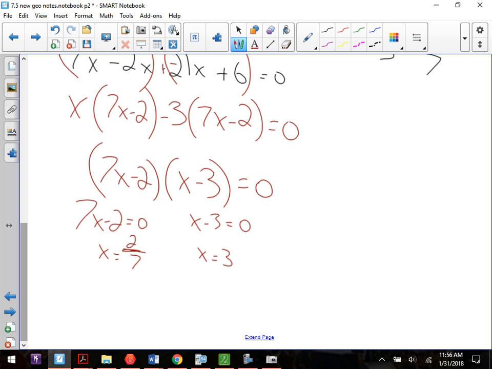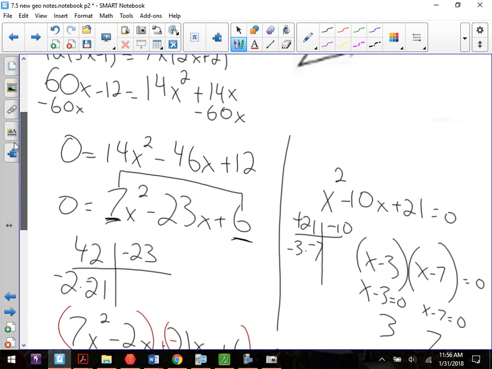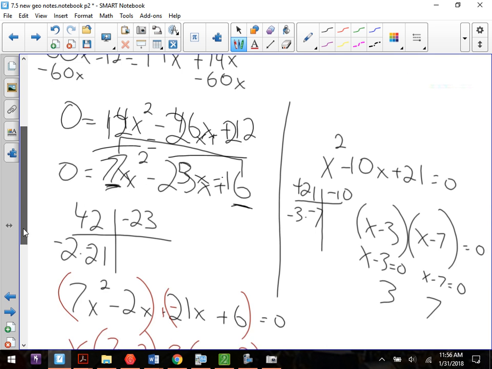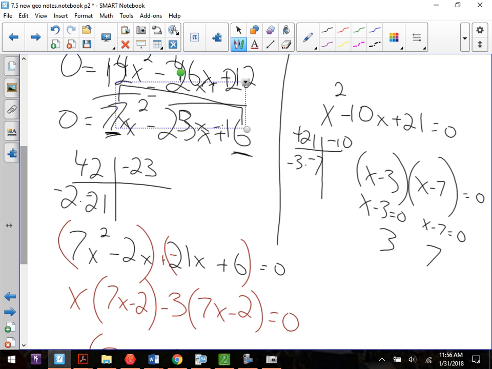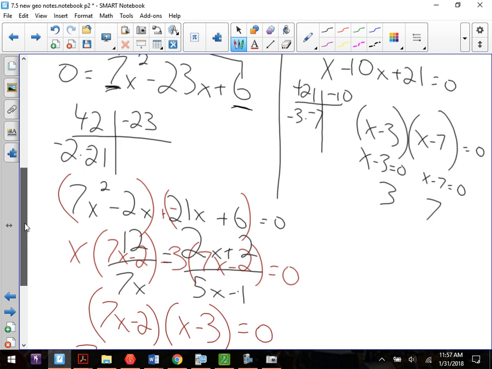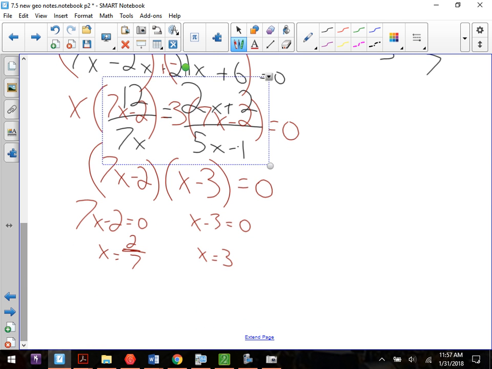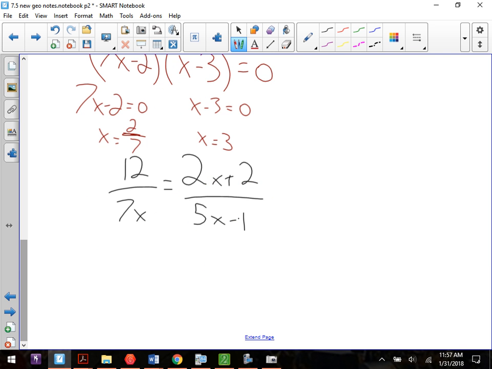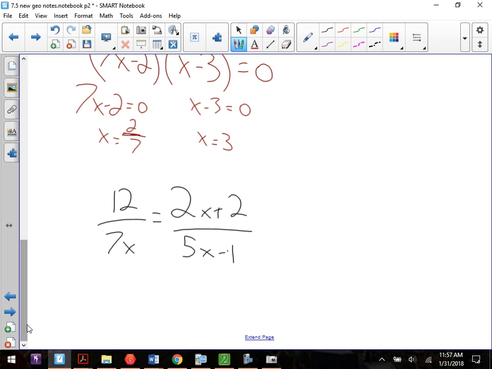In order to check to see which one works, you just have to go back to the original, way back up here. You would check it using your calculator, see if they both work, or if only one of them works.